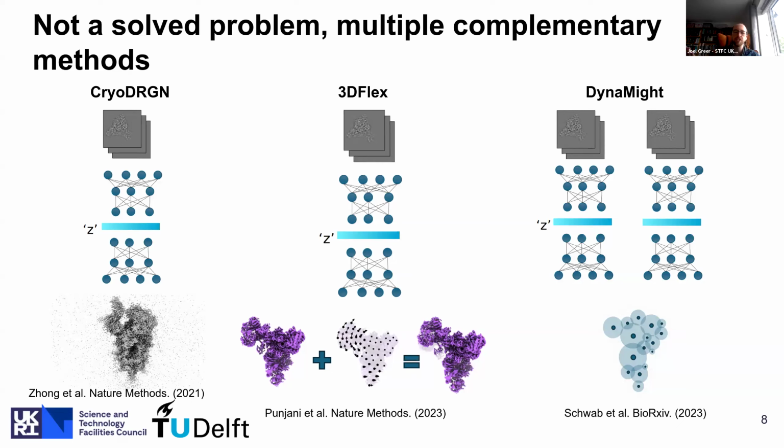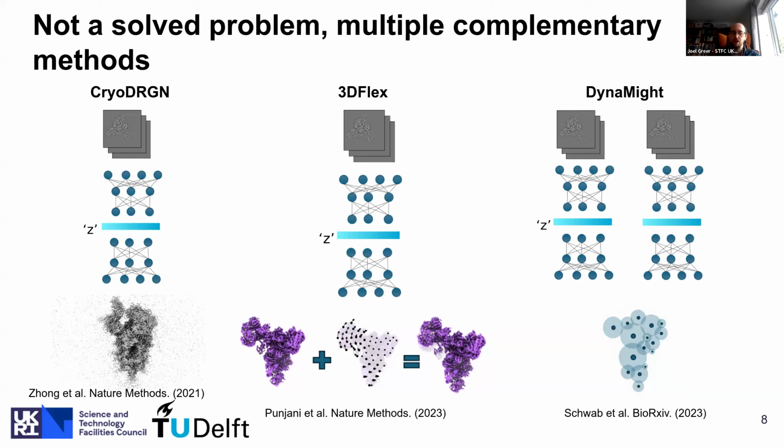One other approach is Dynamite. In this case, the conformations in the cryo-EM dataset are represented by learning the 3D deformation field of a pseudo-atomic model composed of Gaussians. Each of these Gaussians represents a part of the Coulomb potential. You can then use the learned deformations to obtain an improved reconstruction of a consensus structure.